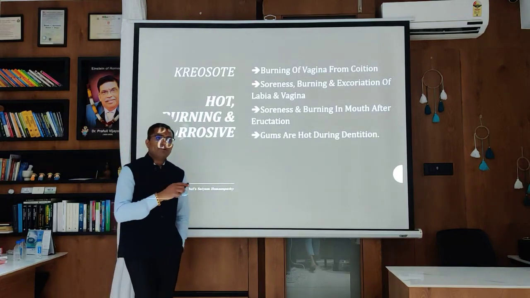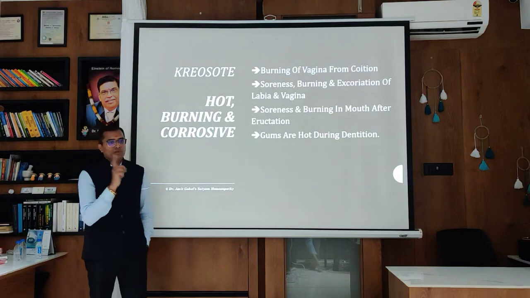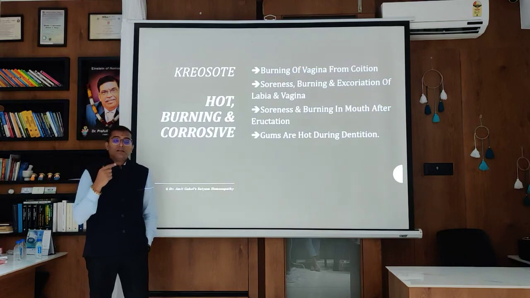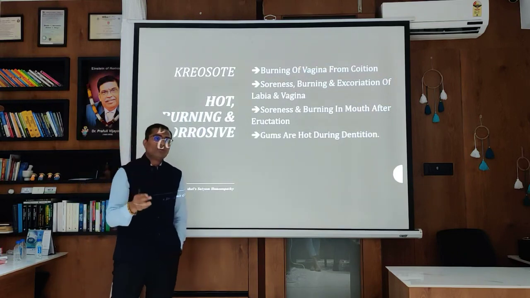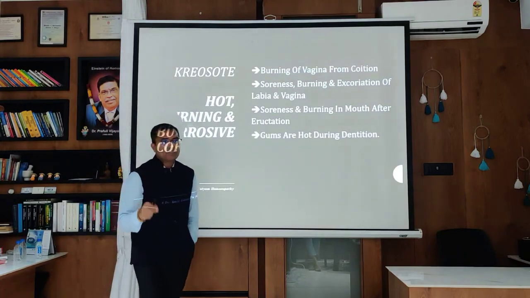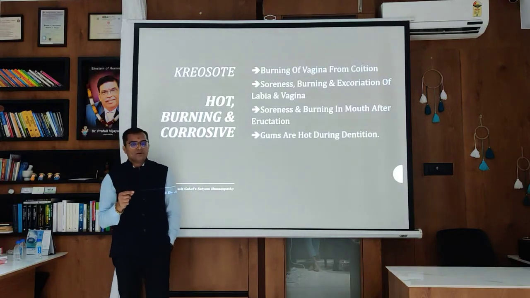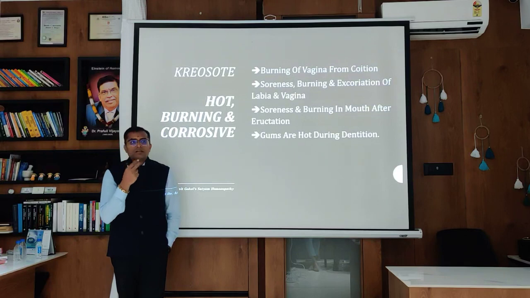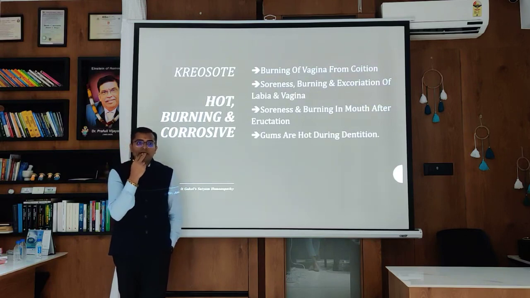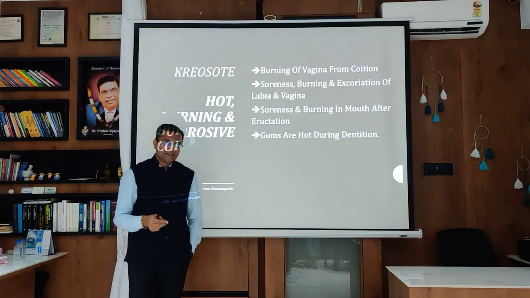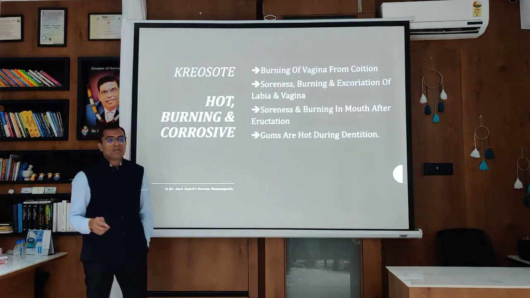It can be at any orifice. Saliva gets corroding, so there may be cracks here and there is redness here. If the female has leukorrhea, the labia minora and majora get corroded and there is redness and everything. Okay. If there is a nasal discharge, the nares are corroded with redness, like erythema, corroding discharges. Okay. So this is the burning, corroding discharge.